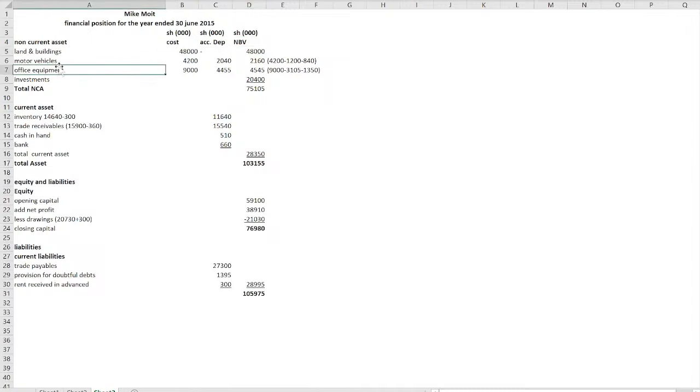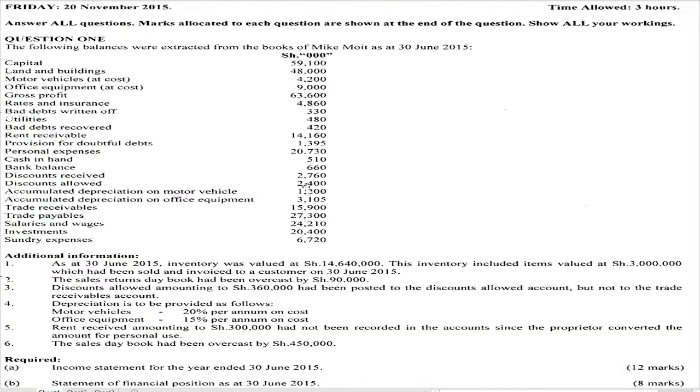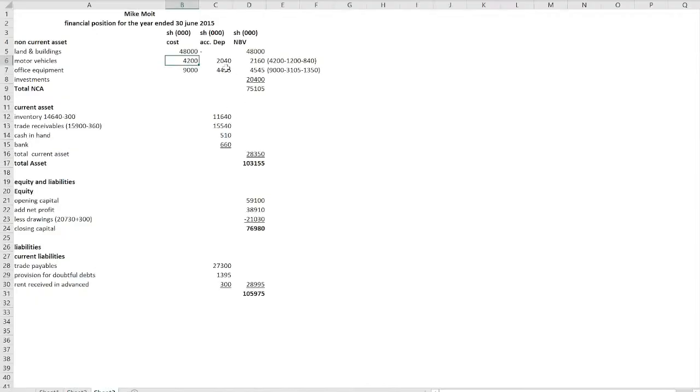Then you have the motor vehicle. Cost was 4,200. Accumulated depreciation was 1,200, not 2040. Yes, it was 2040 because we are going to add the 1,200 plus the 840 from depreciation, so that we get a total of 2160.